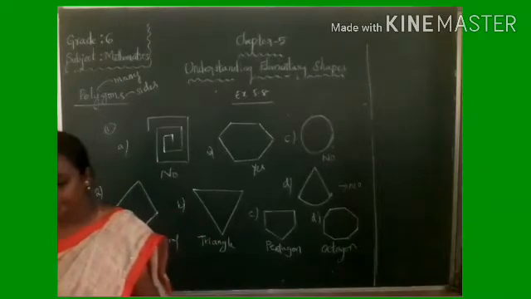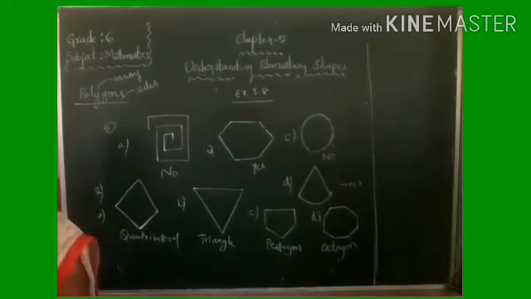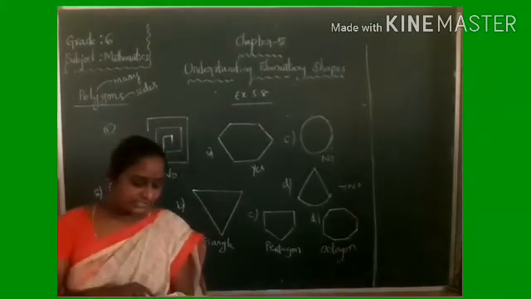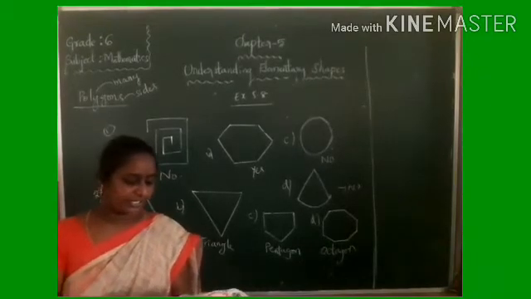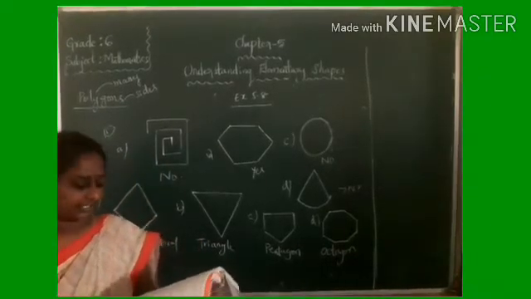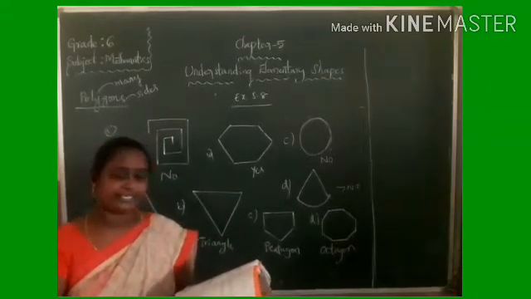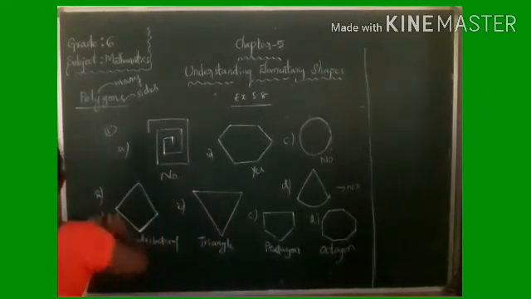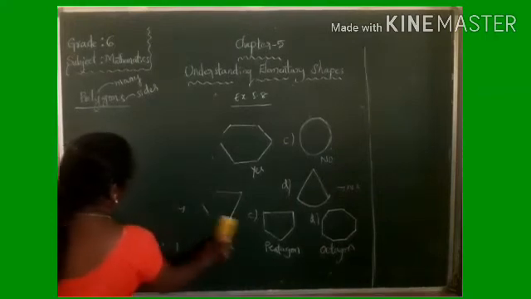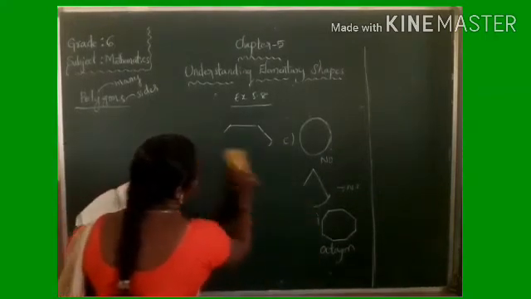And next, third one, read the question. Yes, draw a rough sketch of a regular hexagon connecting any 3 of its vertices. Draw a triangle. So, what have you observed here?